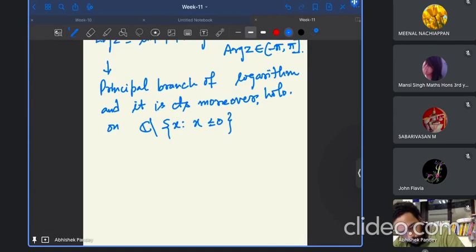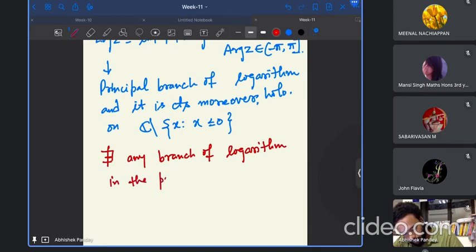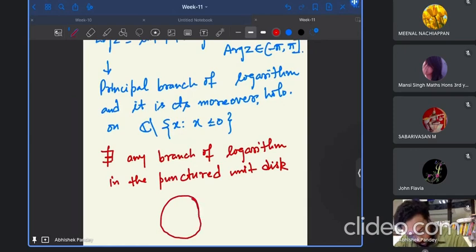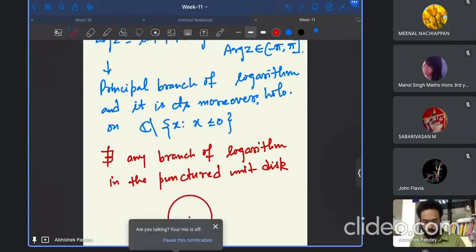In fact, now you can prove that there does not exist any branch of logarithm in the punctured unit disk. Because let us say this is your unit disk and here it is the puncture at the origin.